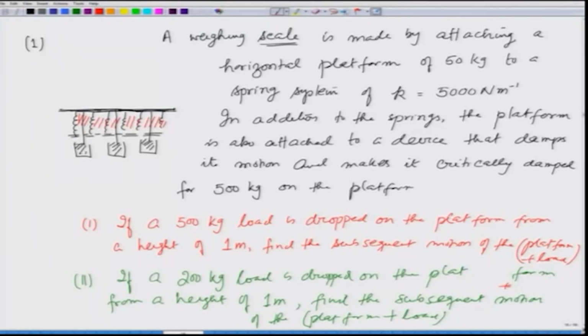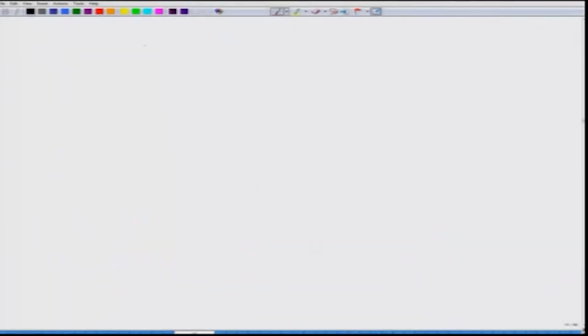So, let us see, just to analyze the problem, what do we have as the initial problem? Mx double dot plus Bx dot plus Kx is equal to 0. So, we have x double dot plus gamma x dot plus omega 0 square x is equal to 0 when we solve this problem.